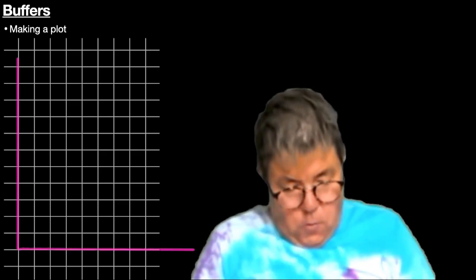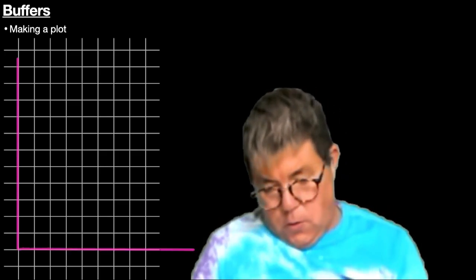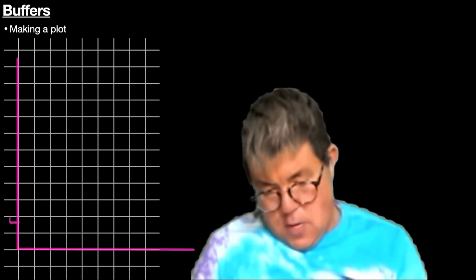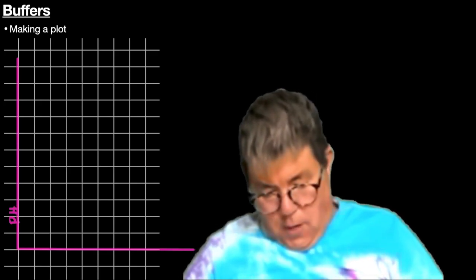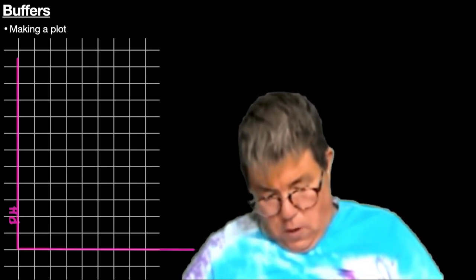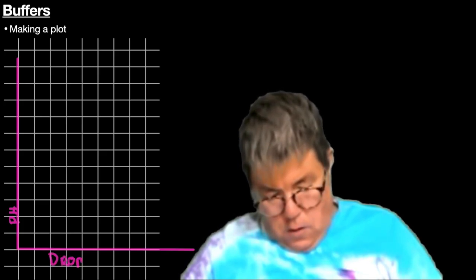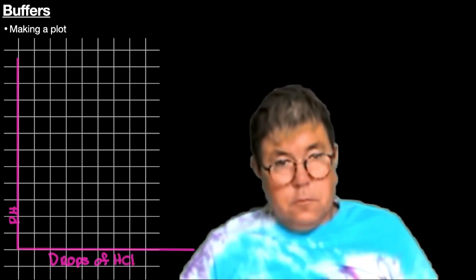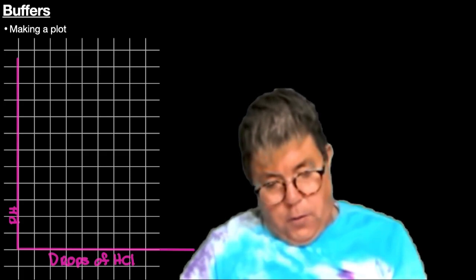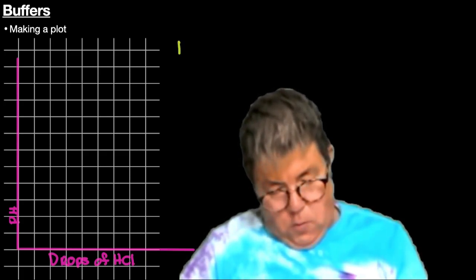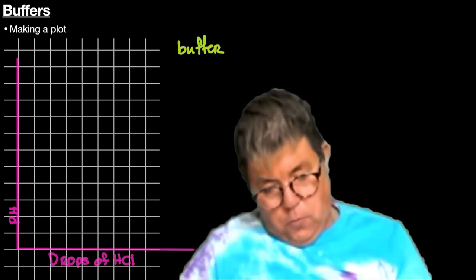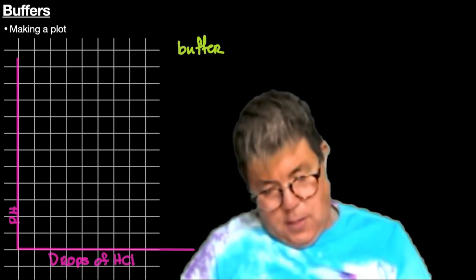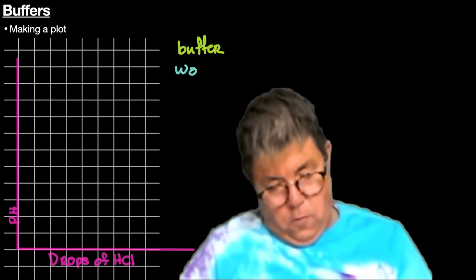We're going to label this side pH. On this side, we're going to have drops of HCl. And so green is going to be my buffer, and blue is going to be just plain water for reference.